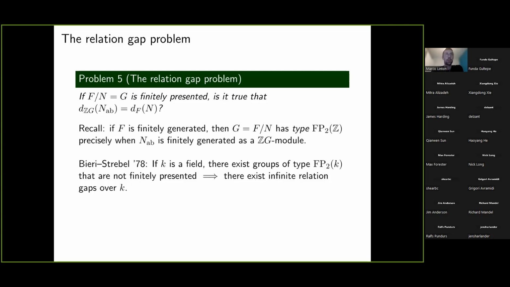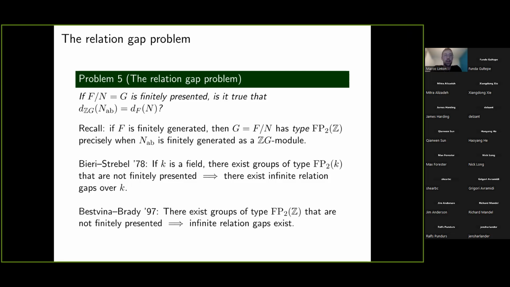Doesn't answer the question because this is over a field, not over Z. But then 20 years later, Bestvina-Brady came along and they have this wonderful construction where they find examples of groups which have type FP2 over Z, which are not finitely presented. Okay, so this then gives you an infinite relation gap. The relation module is finitely generated, so the quantity on the left is finite, but then the normal subgroup cannot be generated by finitely many elements.